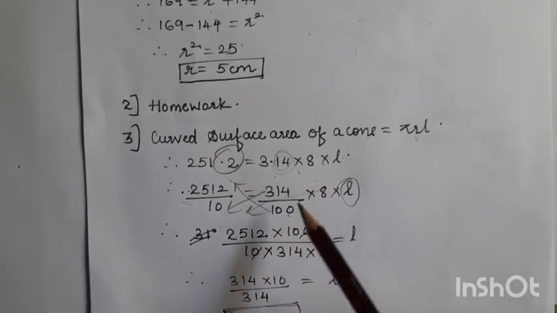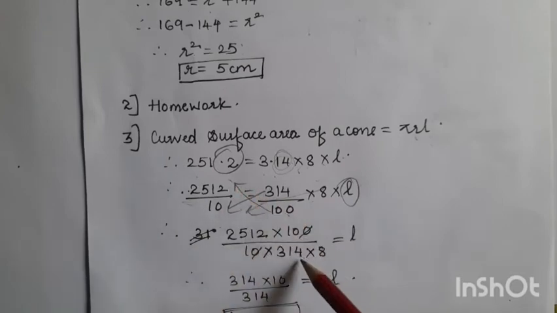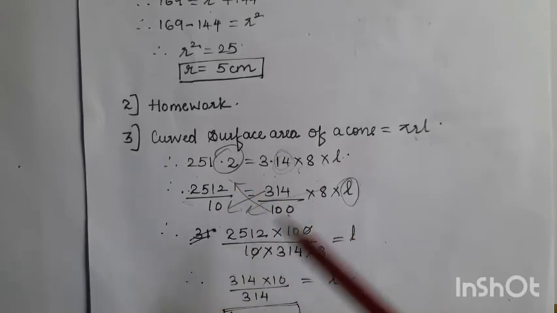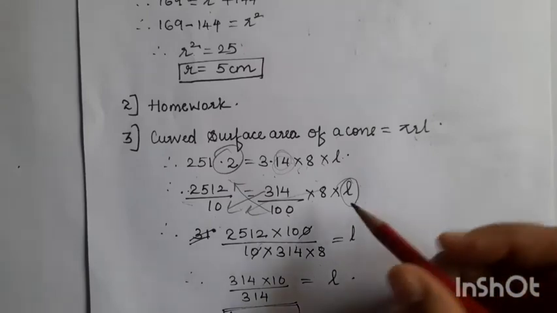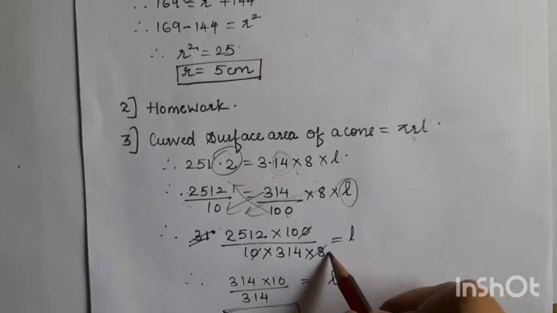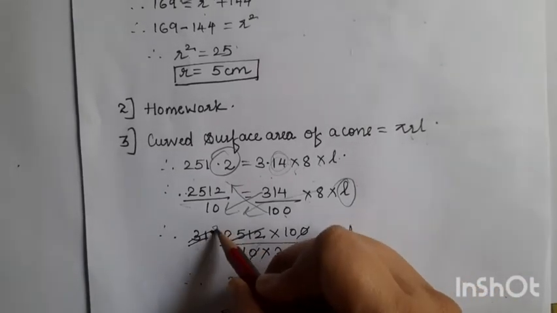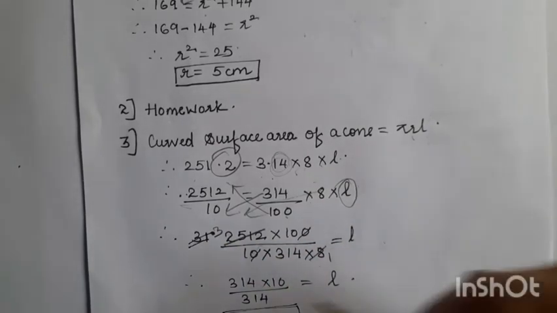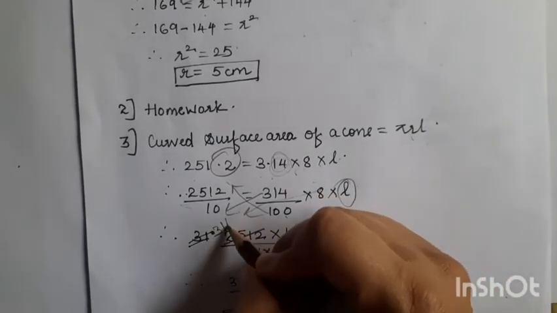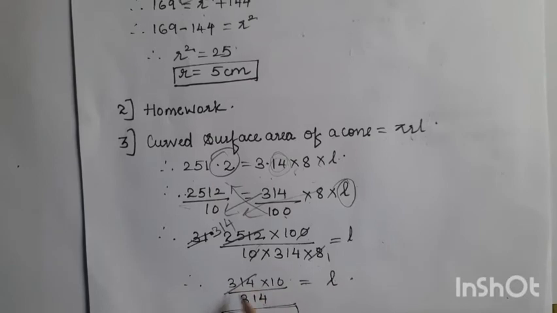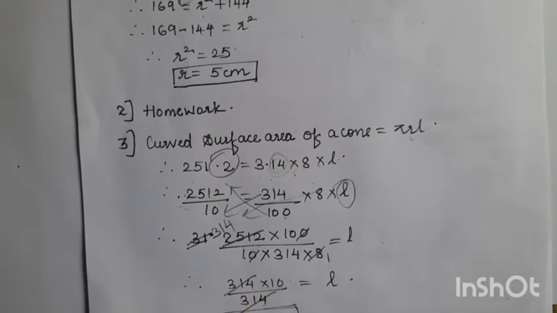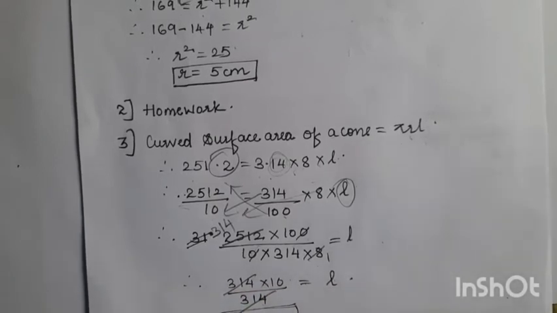Therefore 2512 into 100 upon 10 into 314 into 8 is equal to L. The zeros get cancelled. Now let's see what else can be cancelled. 8 ones are 8, 8 threes are 24, 8 ones are 8, 8 fours are 32. So 314 into 10 upon 314 is equal to L. 314 gets cancelled. So L is equal to 10 centimeter.